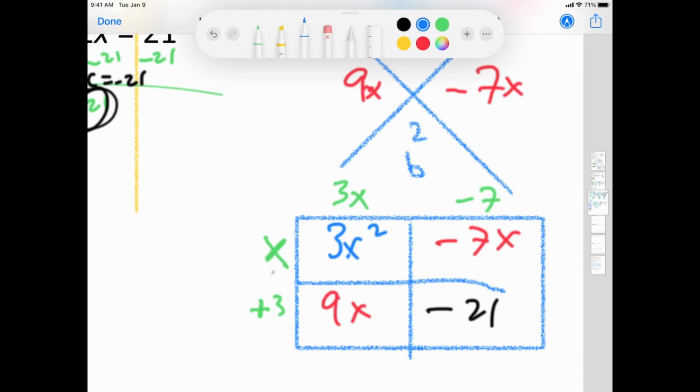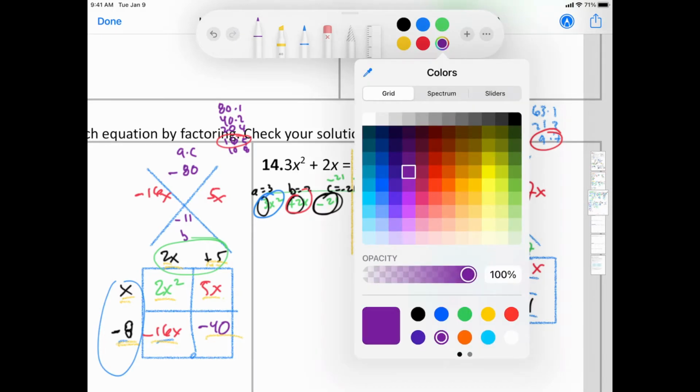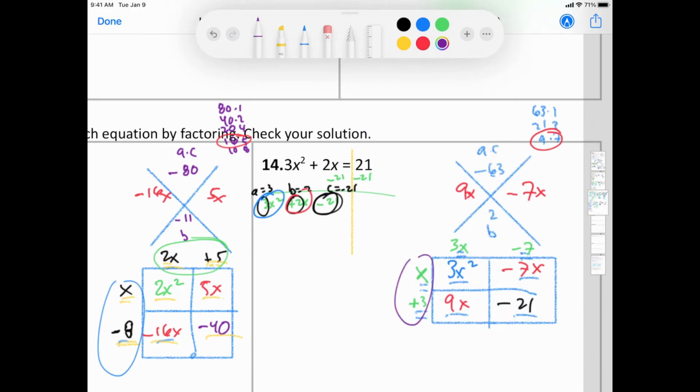Check your answer. X times 3x is 3x squared. X times negative 7 is negative 7x. 3 times 3x is 9x, and 3 times negative 7 is negative 21. So we have x plus 3 and 3x minus 7 equals 0.